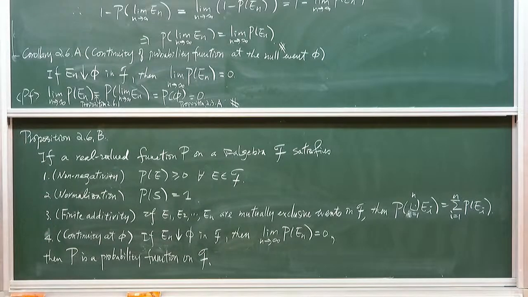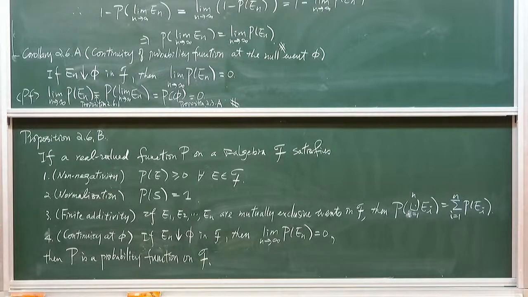Remember the last proposition in section 2.5, the last section, we gave a method to construct or to uniquely specify a probability function on a sigma algebra on a discrete sample space, right? That is only for discrete sample space.